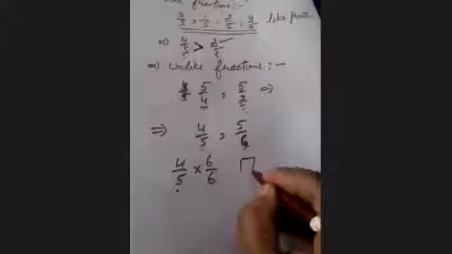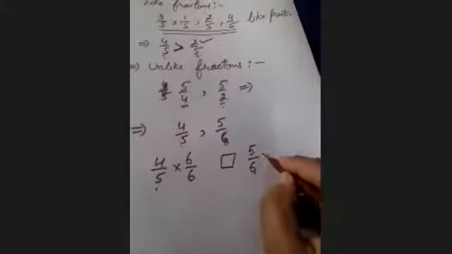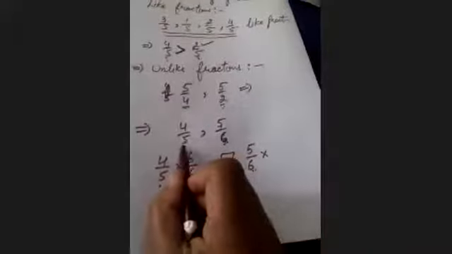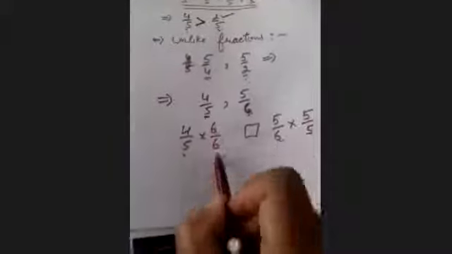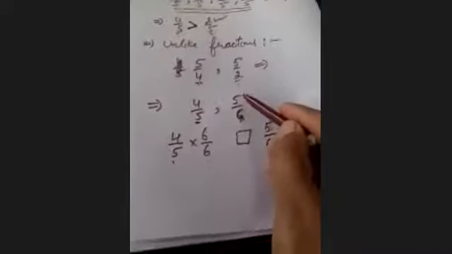Then write the second fraction 5 upon 6 and multiply numerator and denominator by the first fraction's denominator, 5 upon 5.